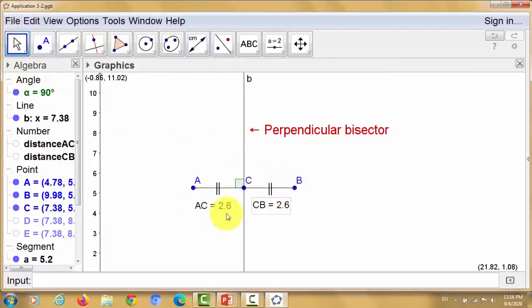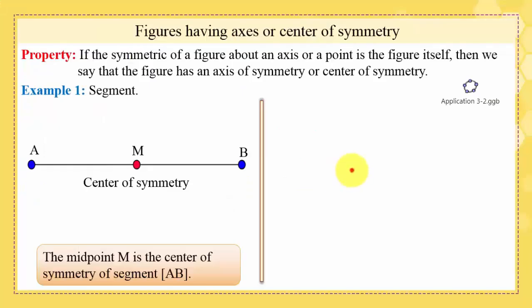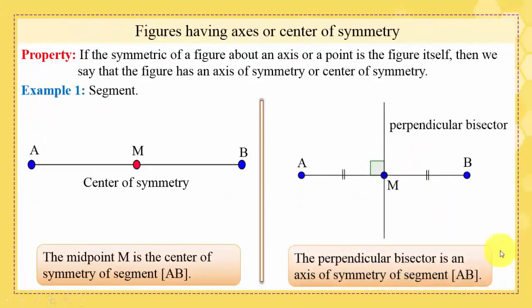Then we can say that the perpendicular bisector is the axis of symmetry of the segment AB. The perpendicular bisector is an axis of symmetry of segment AB, since the figure before the perpendicular bisector is the same as the figure after the perpendicular bisector.